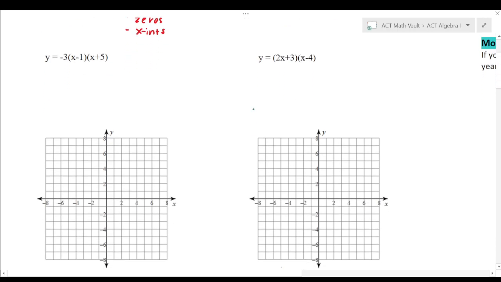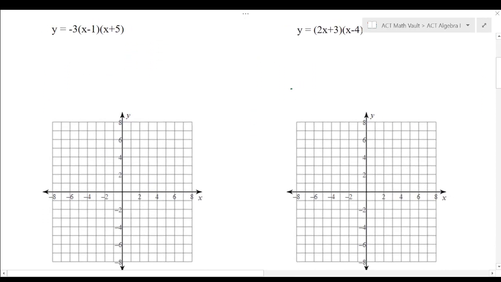So if we find, let's say, the x-intercept, the x-intercept is where it'll hit the x-axis. The y-intercept is where it'll hit the y-axis. We can set y equal to 0 and solve for x here. We can set x equal to 0 and solve for y here.